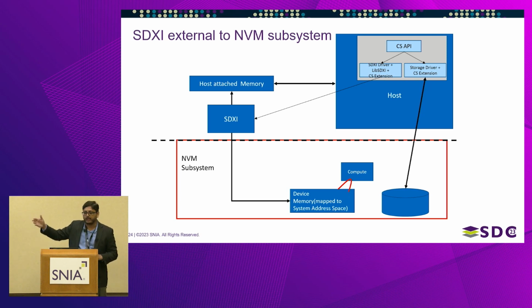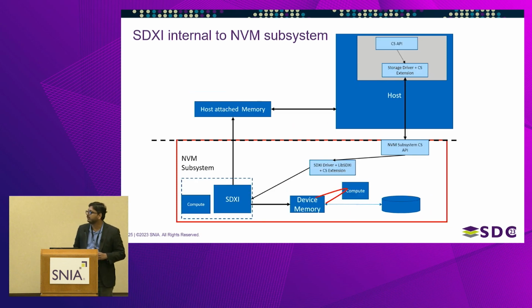Now, you could also have southbound to the computational storage API an SDXI driver and a library that can be added to the pipeline of a computational storage API work. So you could be using SDXI to move the data from host memory to the device memory and do the transformations as part of a computational storage API data flow.